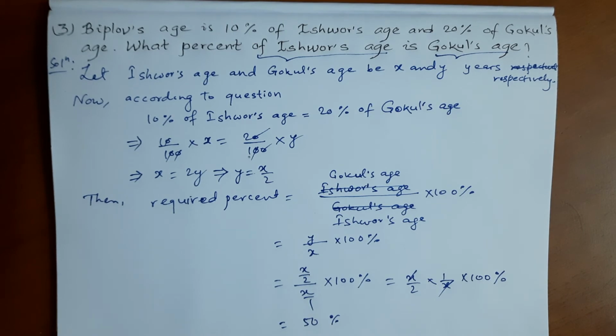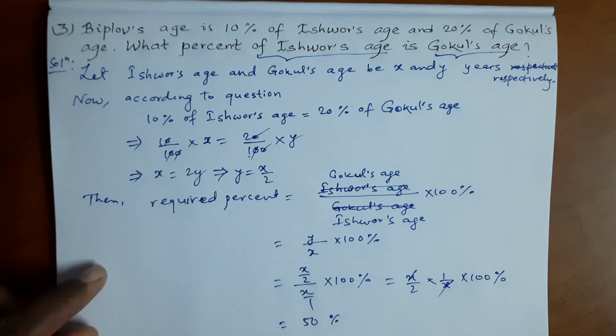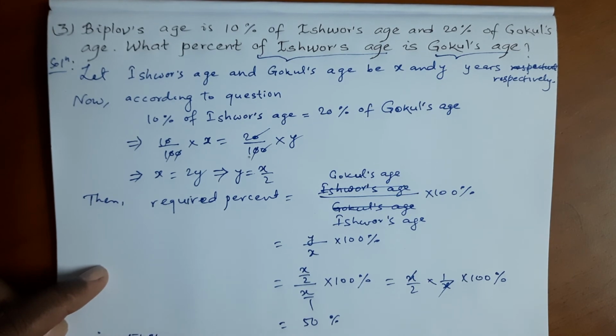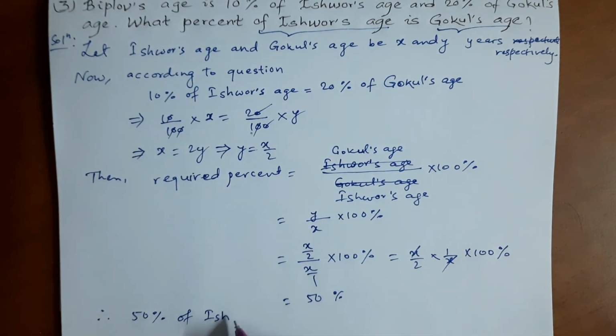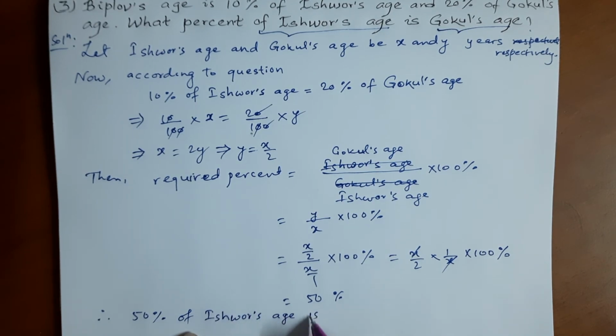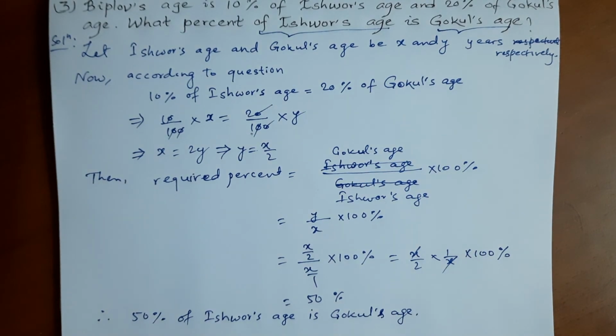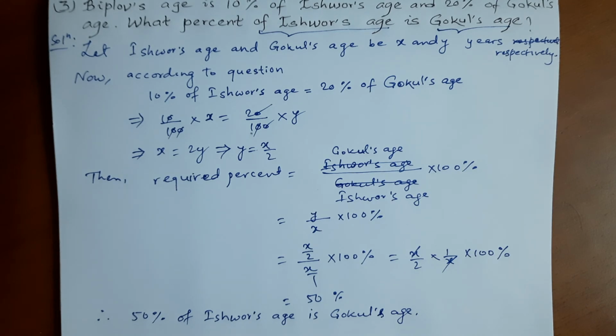So the answer is therefore 50%: 50% of Ishwar's age is Gokul's age.